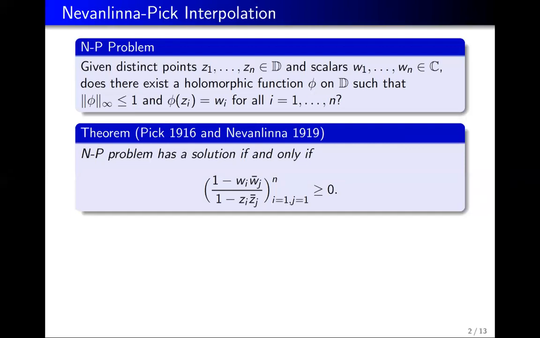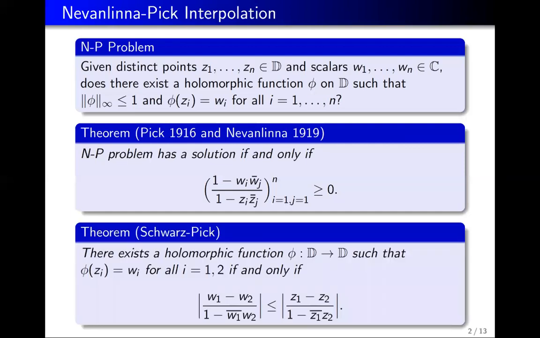And for 2 points, it's kind of a well-known theorem in complex analysis, which tells you what to do if your n equals 2. That's known as the Schur-Agler theorem.